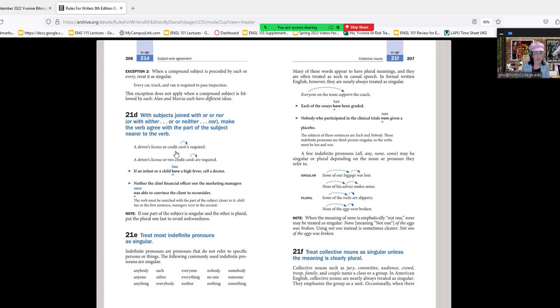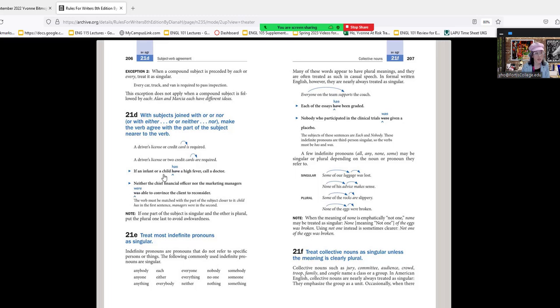So here you have a singular subject, credit card, takes singular verb is. And then here, the noun that's closest to the verb is credit cards. Therefore, credit cards are. So that plural subject, credit cards, takes plural verb are.